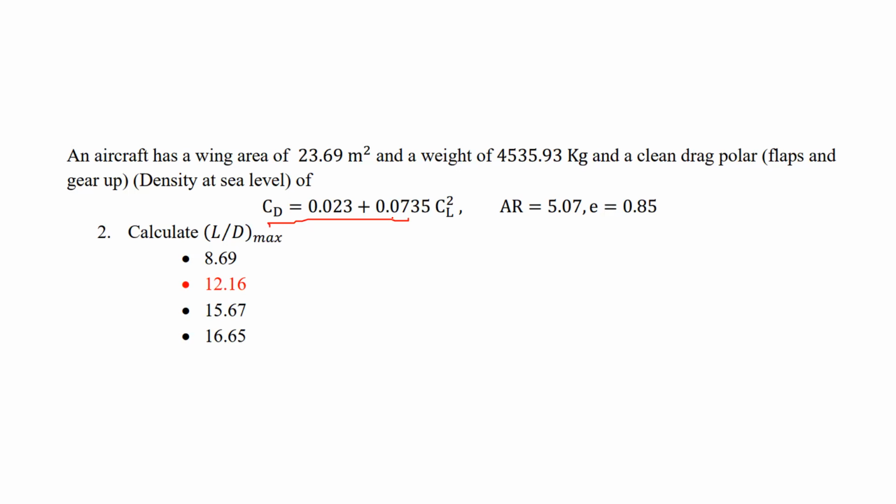In the last assignment, we did this question, right? CL at this condition will be CD naught by K, and this number is CD naught, and this number is K. So I think I should not focus too much on this question.